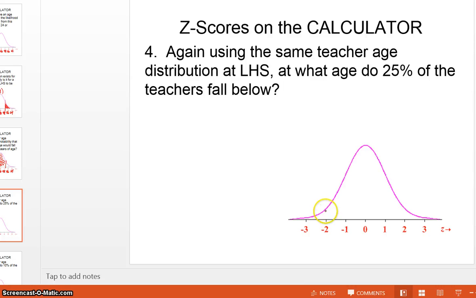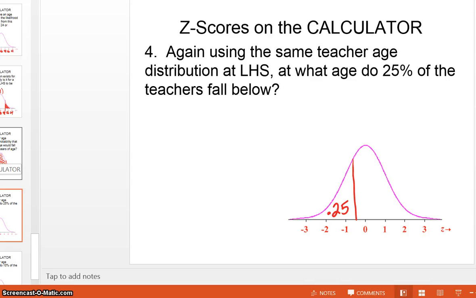So we know, or we should know, that this tail gives us 2.5%. This tail from -1 below is 16%. So we need to be somewhere between 0 and 1, where that area is going to be 0.25. Okay, so we need this to be 0.25.